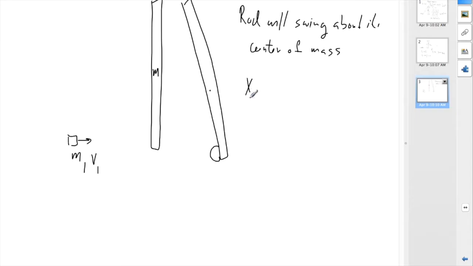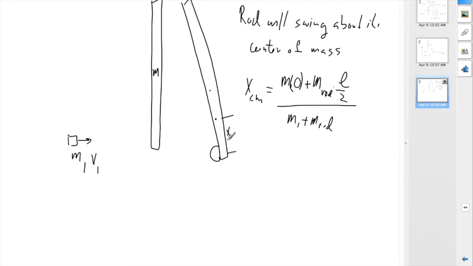So X center of mass is going to be M1 times 0, because it's at one end, plus mass of the rod times L over 2, divided by M1 plus mass of the rod. So that gives me some center of mass distance. I'm going to call that X center of mass.